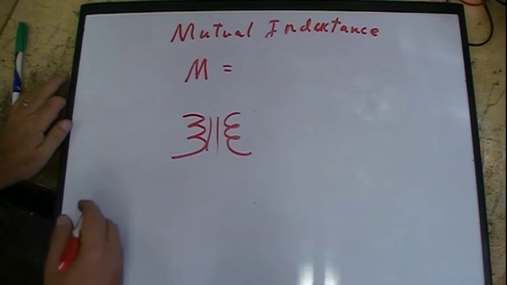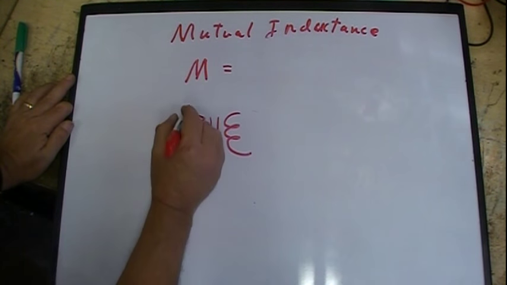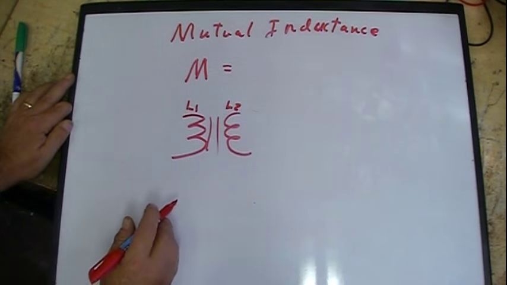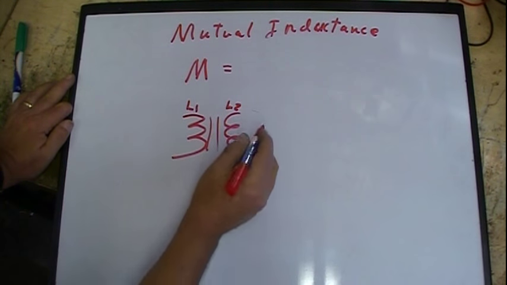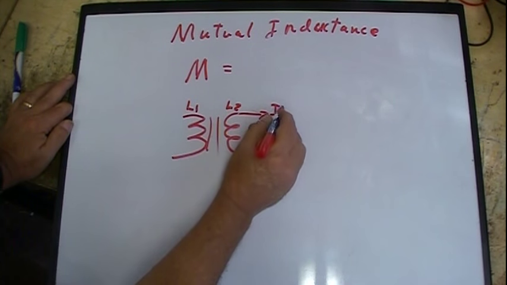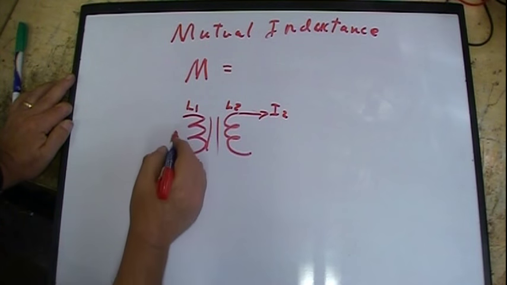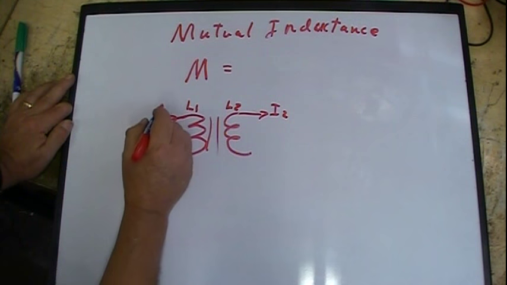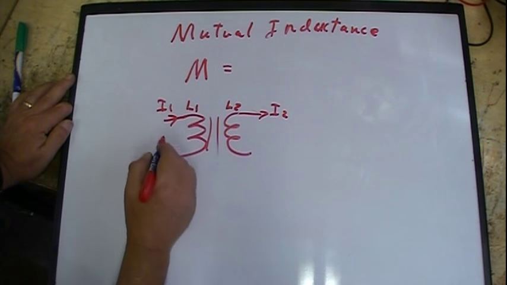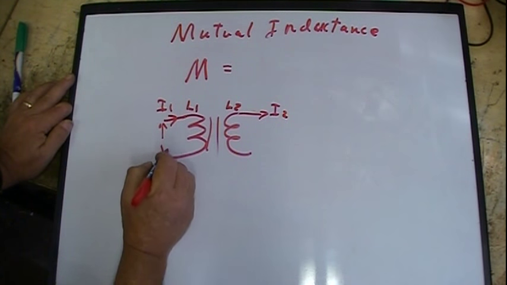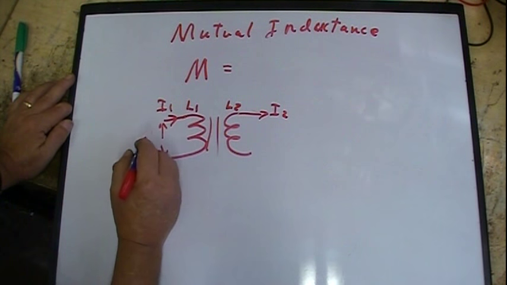But we'll call this L1 and L2. This one here will have a current through it. We'll call it I2. There'll be a current in this one. We'll call I1. And across here we have the EMF.